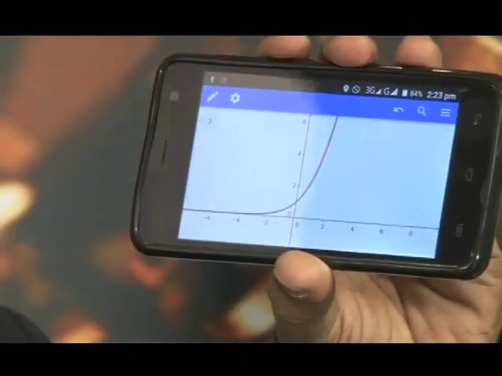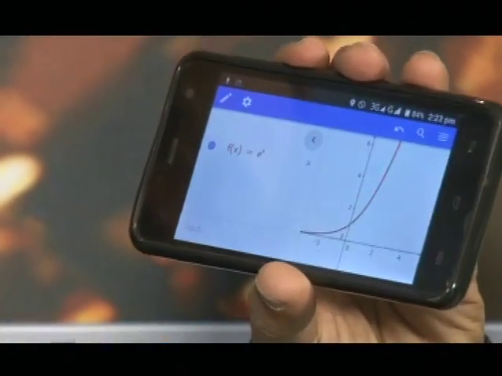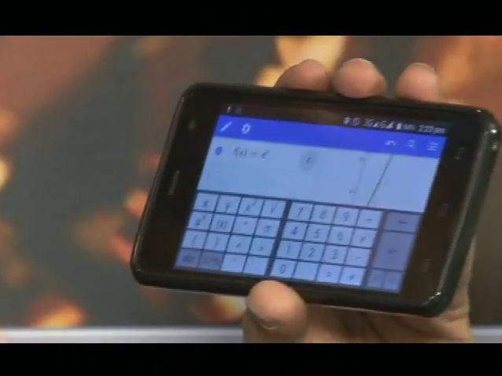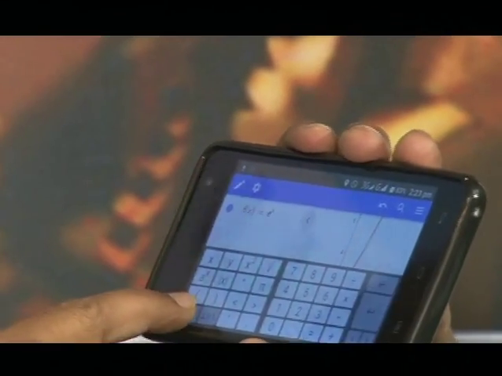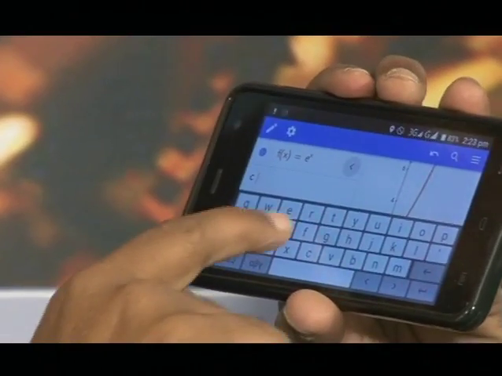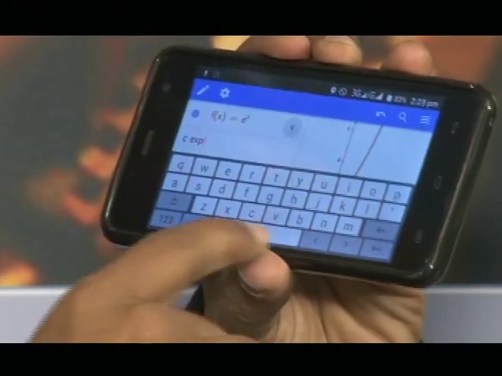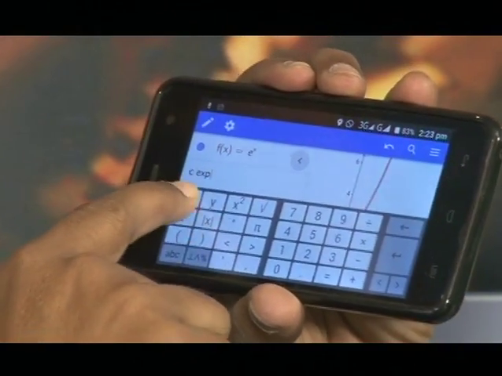So, if I want to make an animation, it is also possible, then I will include an arbitrary constant, say C, right. I will type it as C into exp of x.